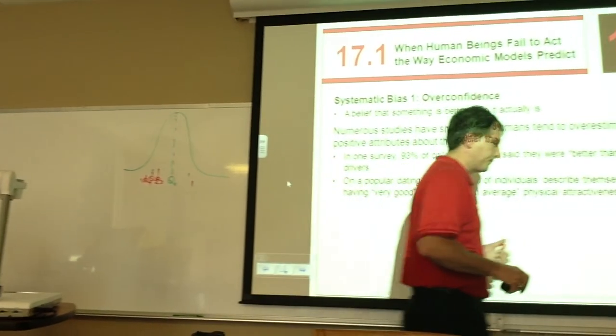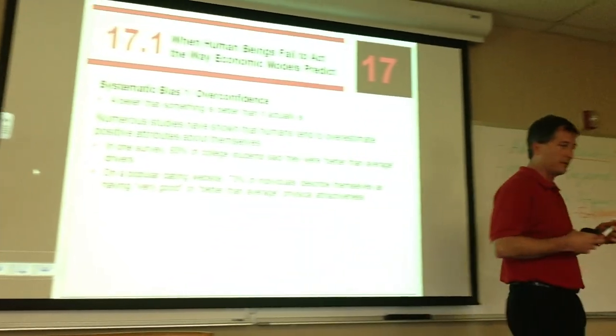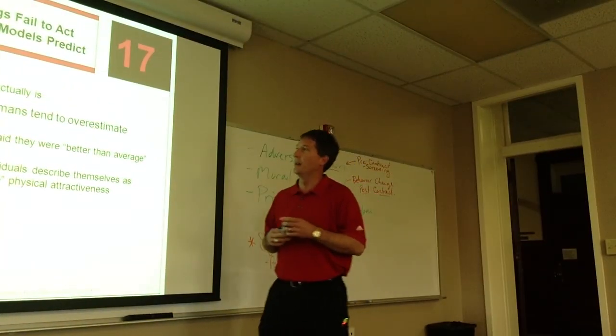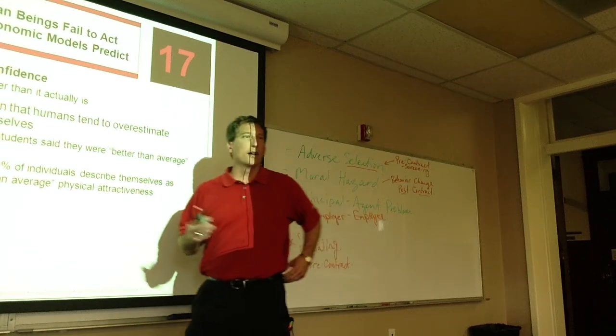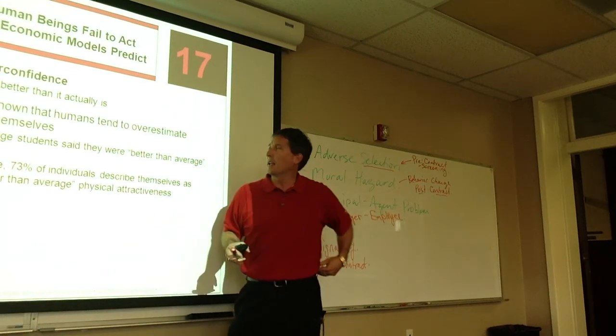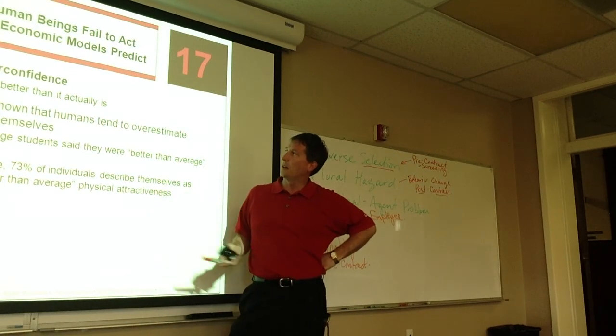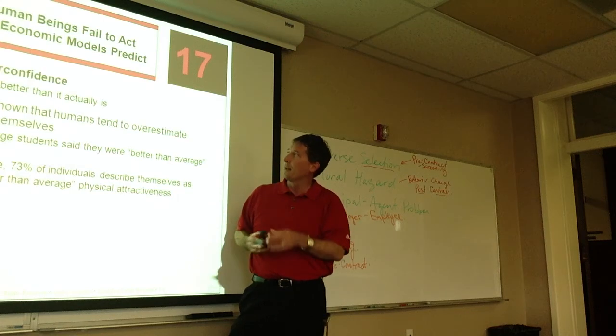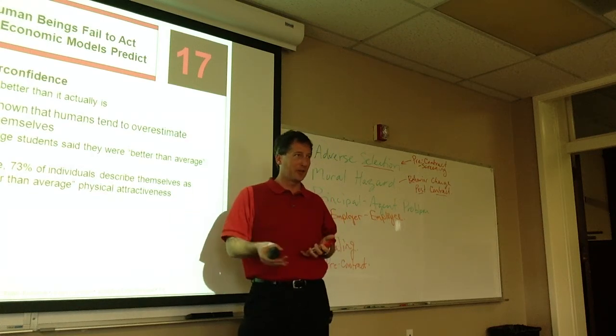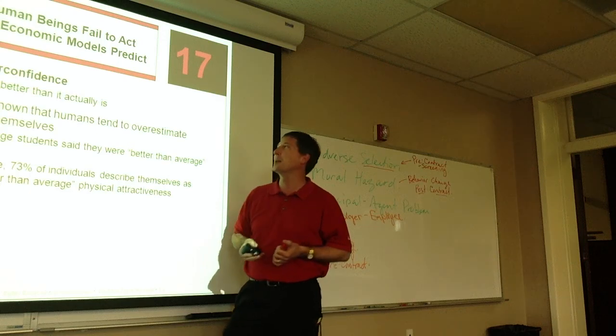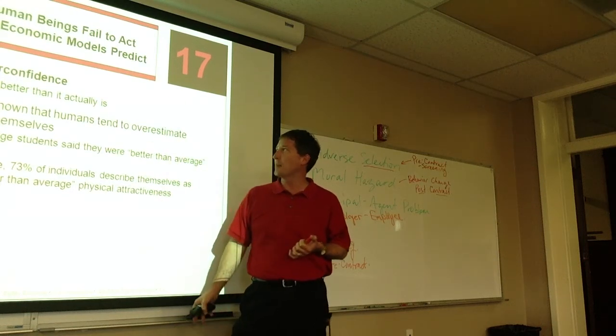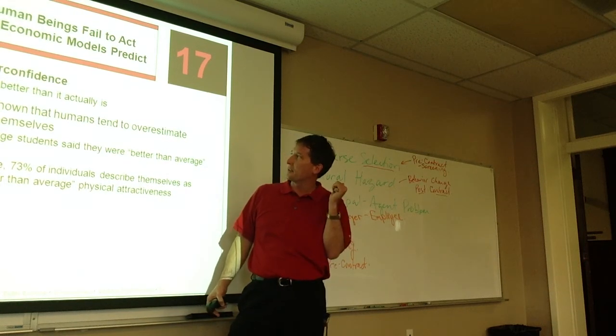Okay, so the chapter goes through different biases that have been uncovered by behavioral economists over the last 20 years. And so some of these should ring true with you as you start to think, oh yeah, people do kind of behave that way. So systematic bias number 1, overconfidence.